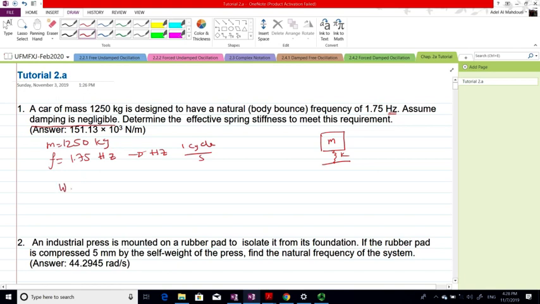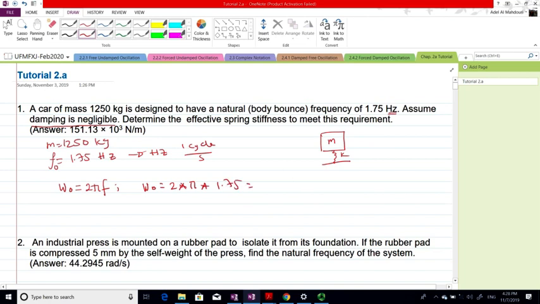So we have omega naught. This is the natural one, so we put the subscript naught. It is going to be 2π f, if you remember. F is given, so omega naught is going to be 2π multiplied by 1.75 hertz.